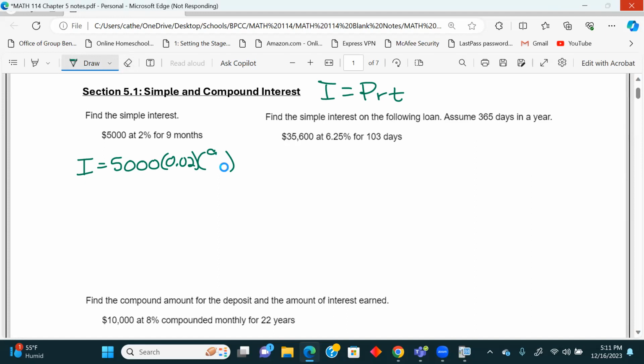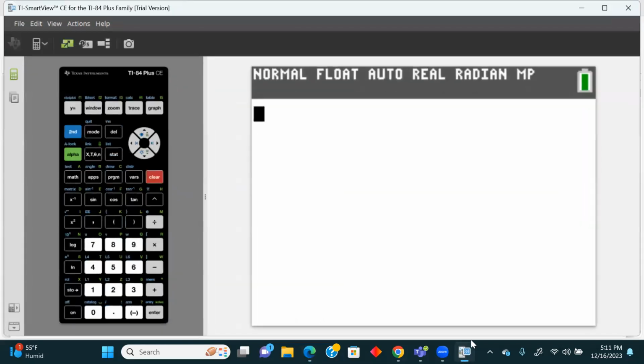So we can actually put that straight in our calculator. This is a TI-84 CE Plus. Any TI-84 is going to work the same. All right, so we have the 5,000.